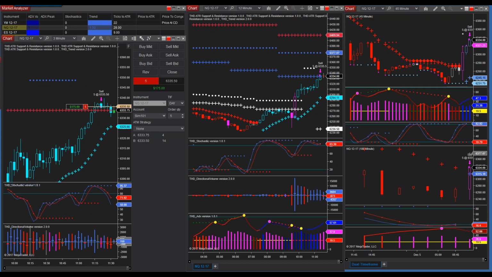Over on the 12-minute chart, I really want that bar to close down, and I want sellers to maintain control of it. You can see that they're in it now with the directional volume indicator.